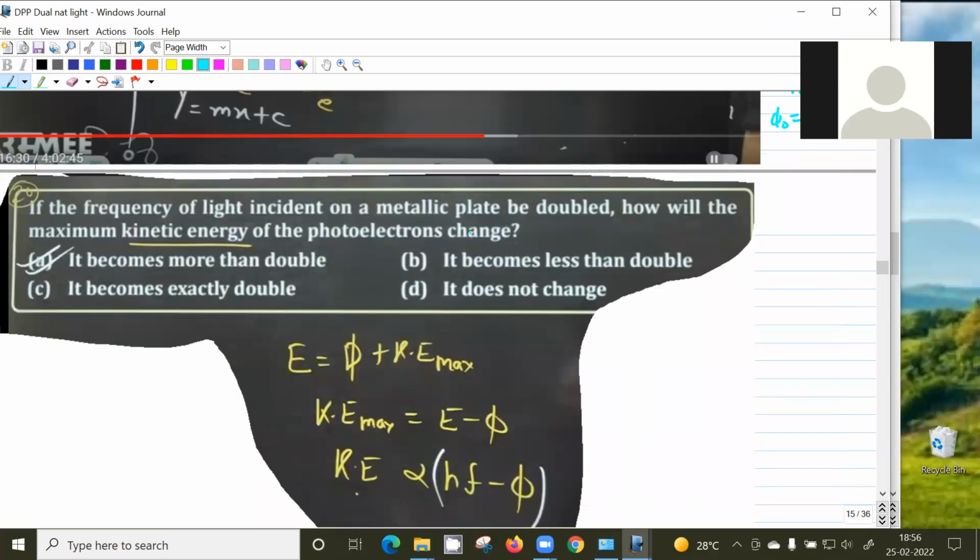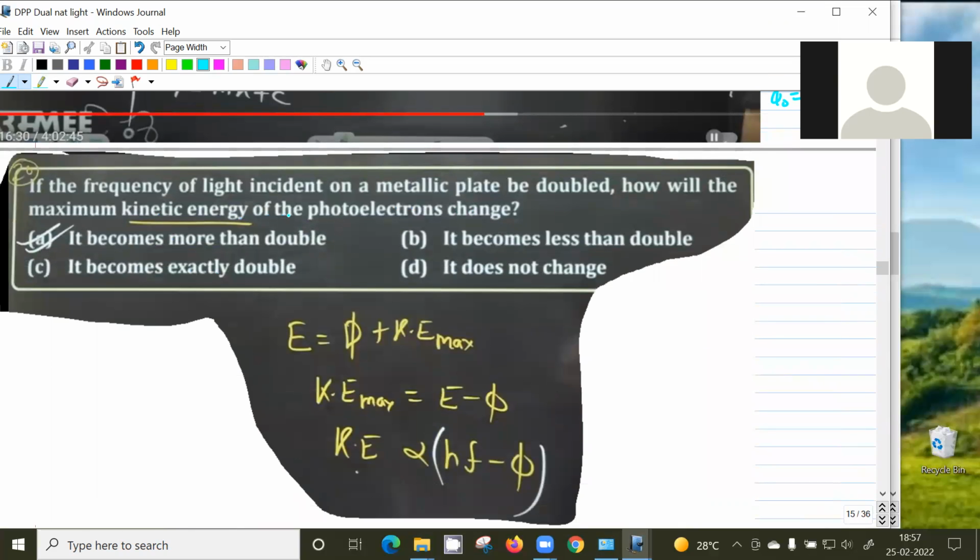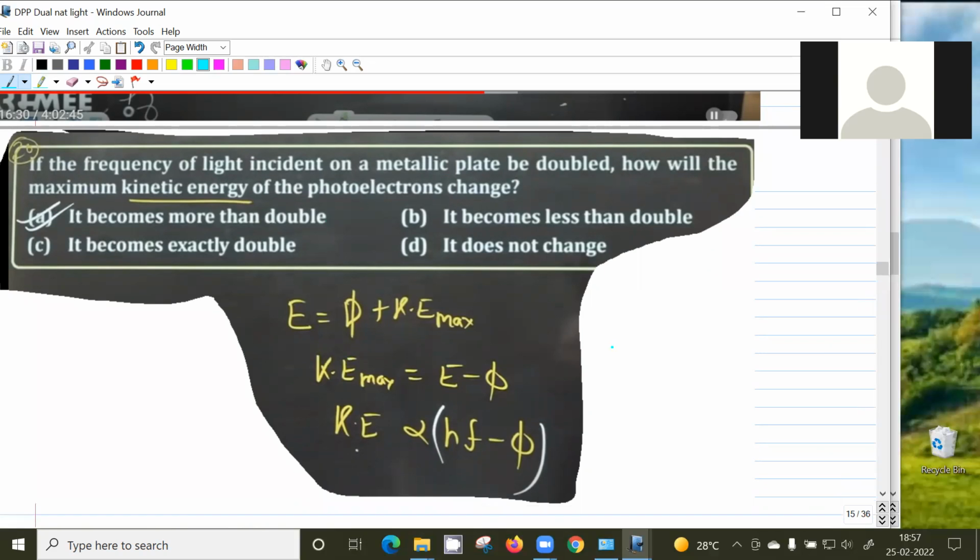Okay, if the frequency of light on a metallic surface is doubled, how will the maximum kinetic energy change? This is a trivial question. It will also come double. Frequency is double means, okay. It will be lesser than double, sir.